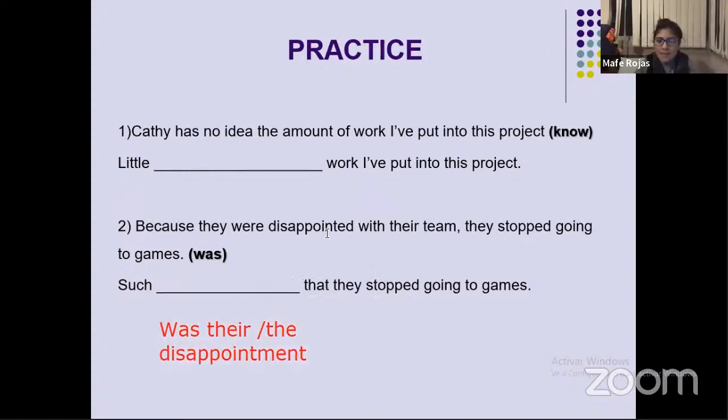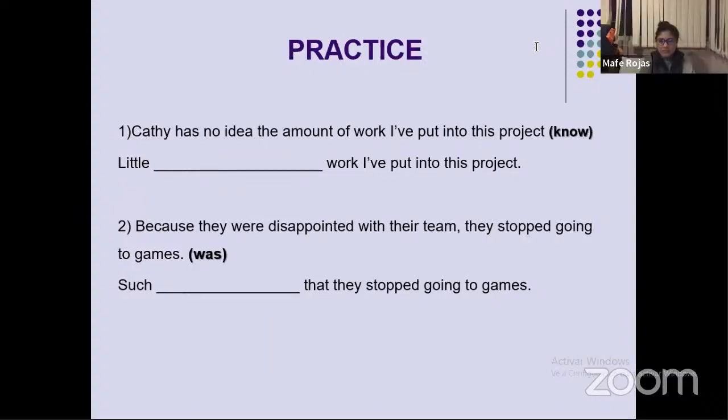So maybe if I'm talking about something in general, like people are disappointed because of the movie, you know, a Spider-Man movie. It was a disappointing movie, so I can say, such was the disappointment that they all left without finishing the movie. So that's disappointment in general.